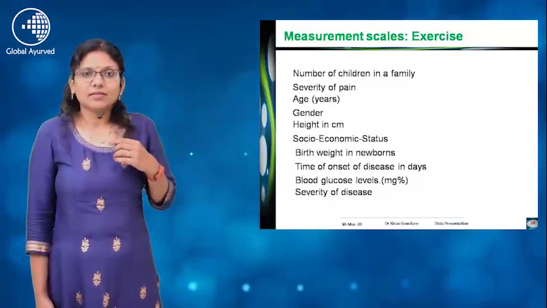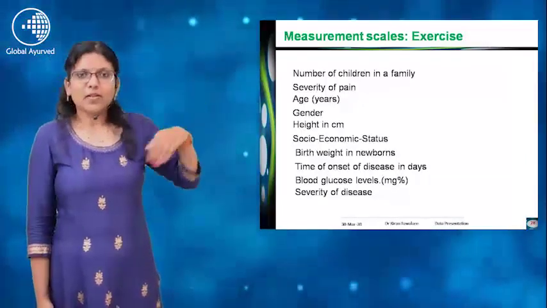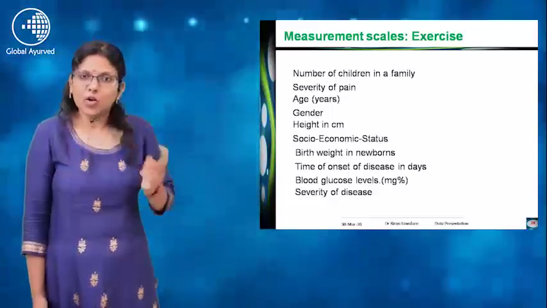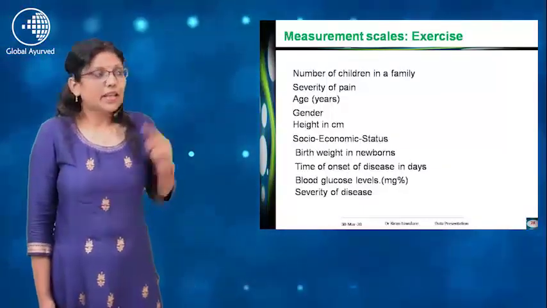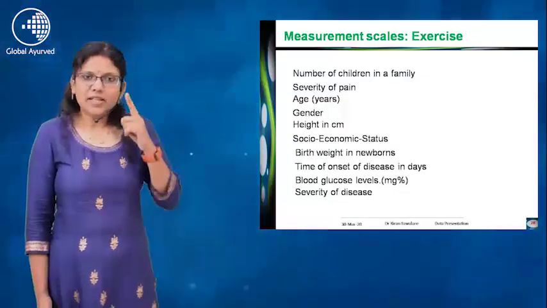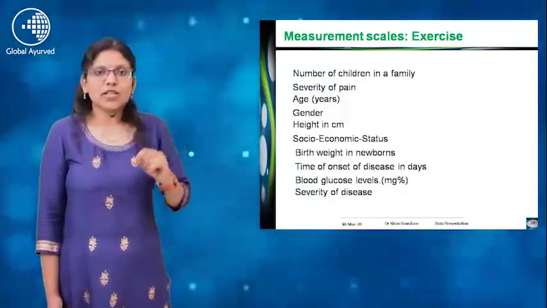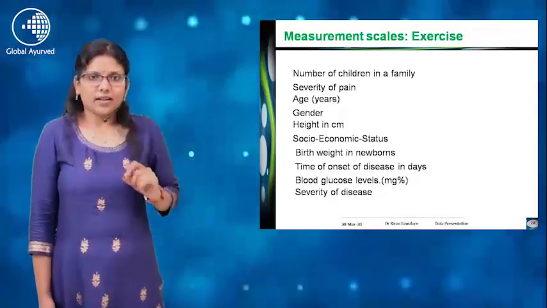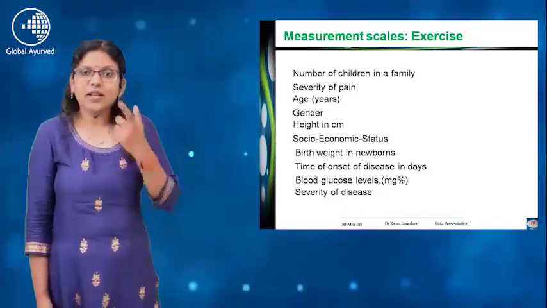Data type is mild, moderate, severe pain. Ordinal type of data, and we can use the ordinal scale for the ordinal type of data. Age in years, completed age in years. Here unit year is given. So it is the discrete data and scale used is interval scale.